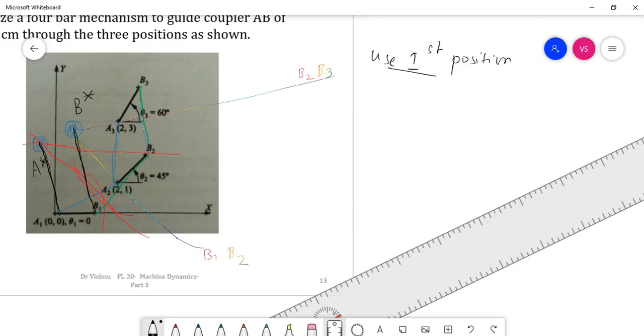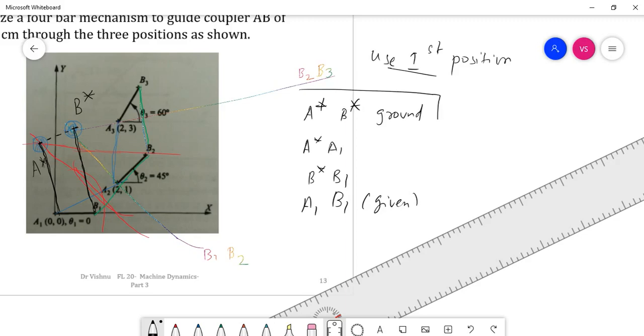So now we have connected A star to A1, B star to B1, if you are using the first position. Then A1, B1 is already given to us. This A star, B star is the ground.